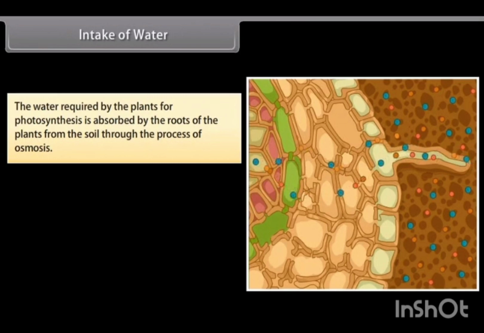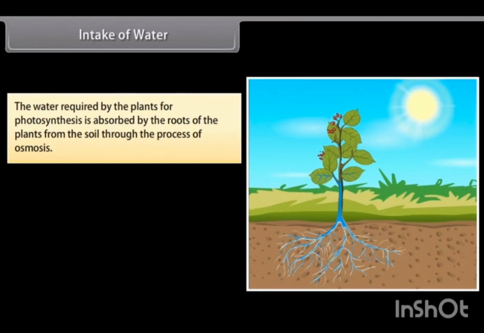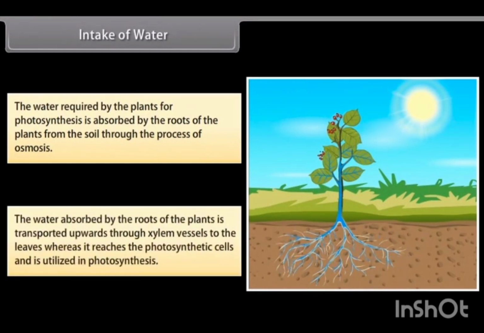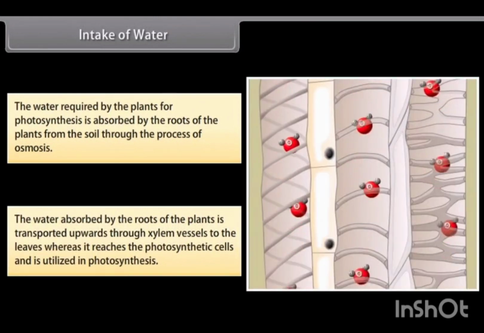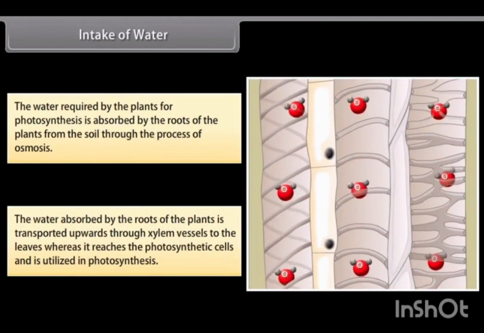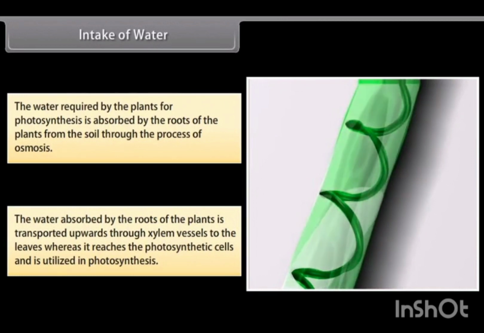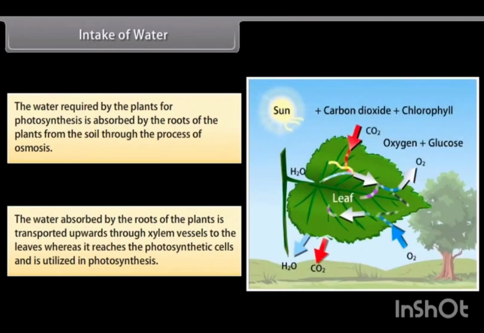Intake of water. The water required by the plants for photosynthesis is absorbed by the roots from the soil through the process of osmosis. The water absorbed by the roots is transported upwards through xylem vessels to the leaves, where it reaches the photosynthetic cells and is utilized in photosynthesis.